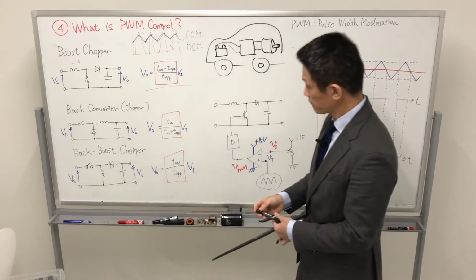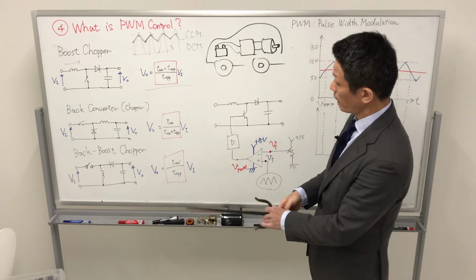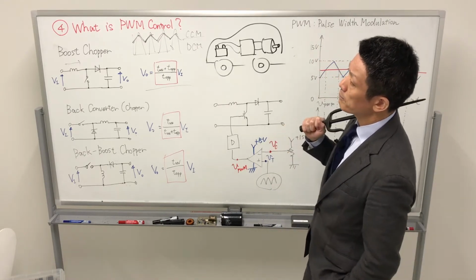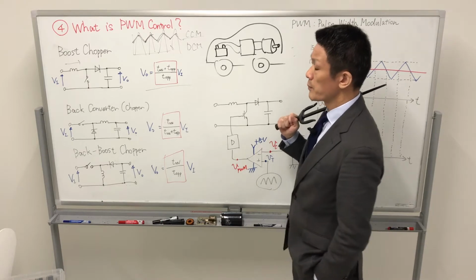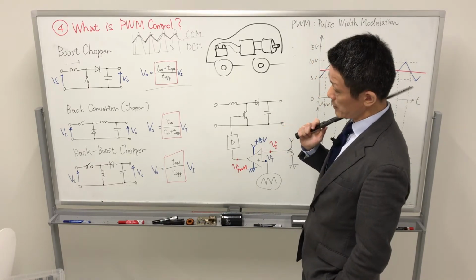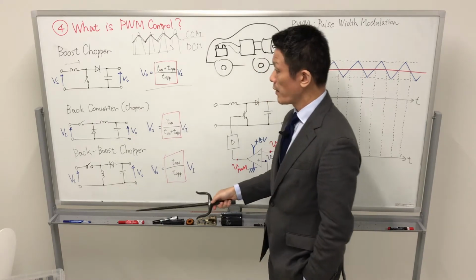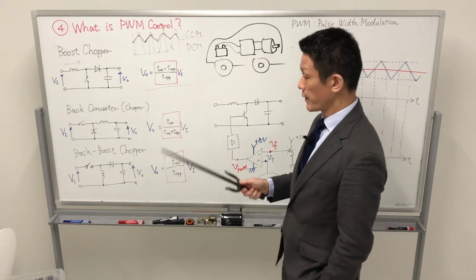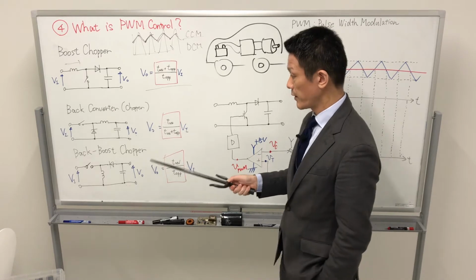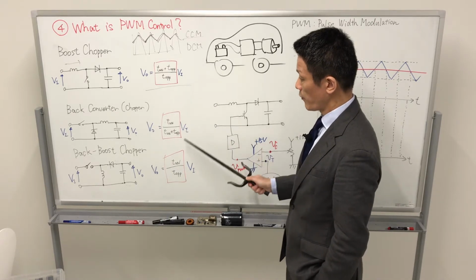And in your power electronics textbook, usually only this converter is discussed, and the equivalent circuit is shown in the figure, and this principle is right.